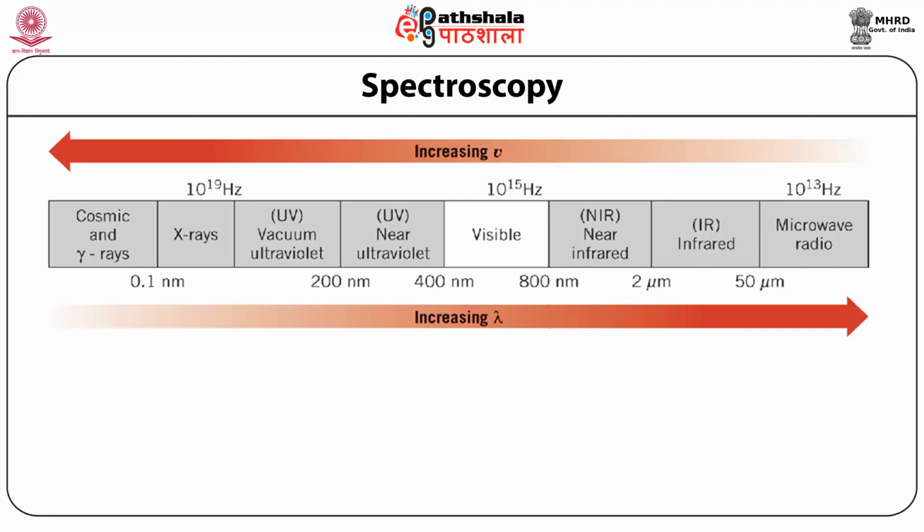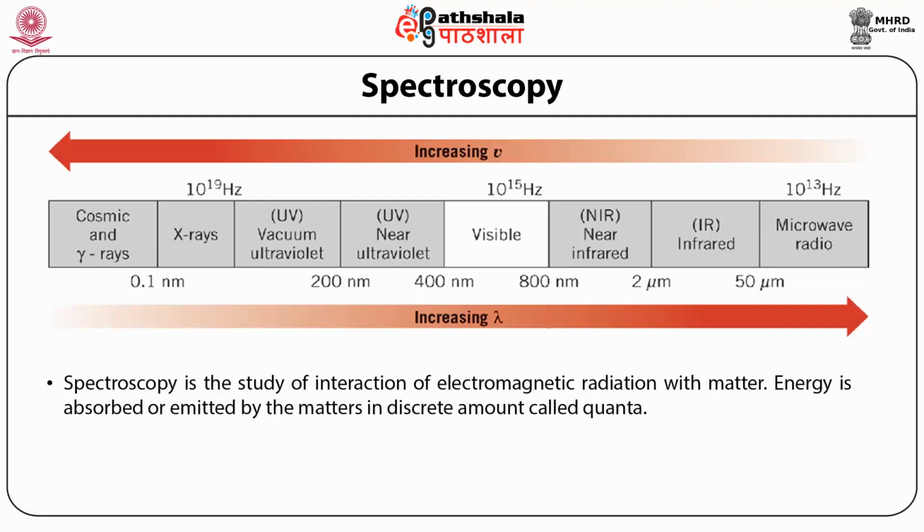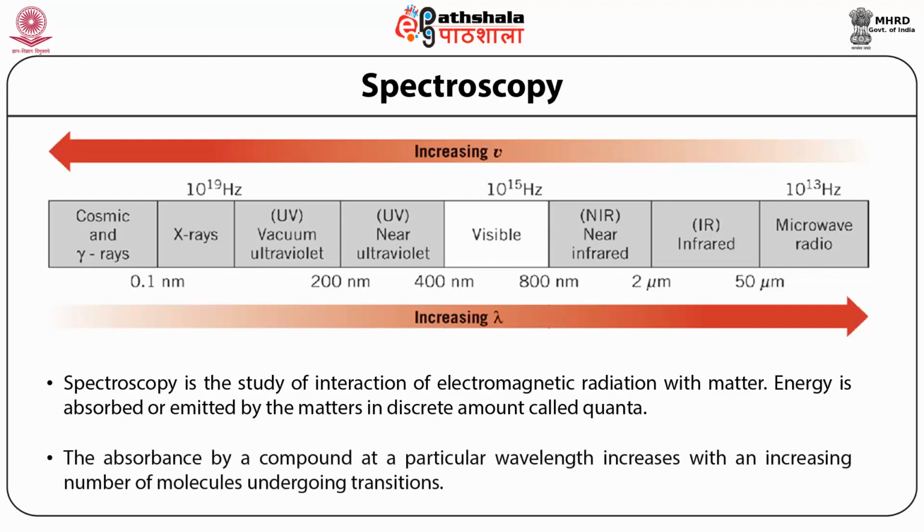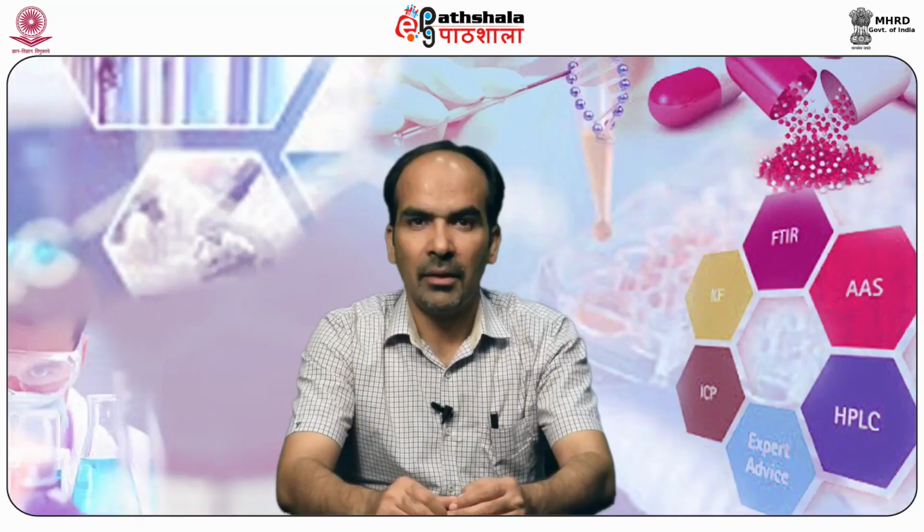When we use different parts of this electromagnetic spectrum to study matter or substances, we call it spectroscopy or spectrophotometry. The absorbance of a compound at a particular wavelength increases with the increasing number of molecules undergoing transitions. There can be transitions in the visible, ultraviolet or IR region.